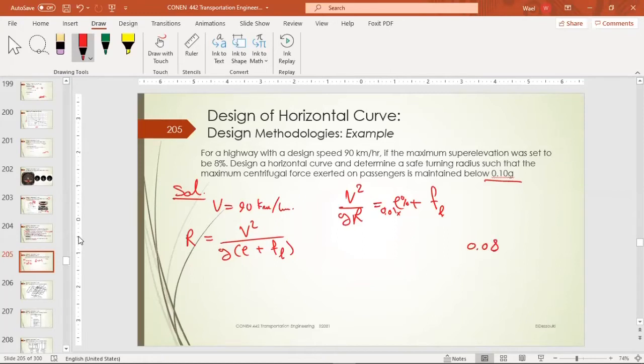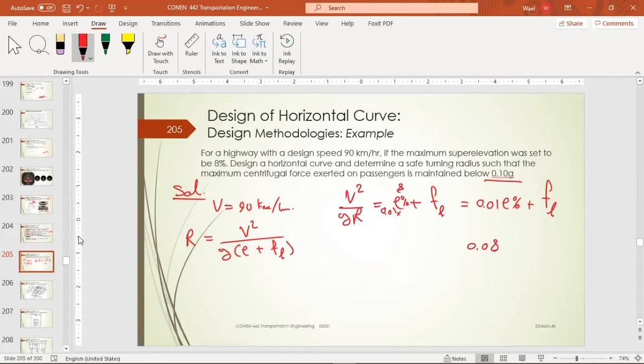But if I use the percentage form, I put here 8. It's the same. Here you put it as a fraction, not 8%. Correct?